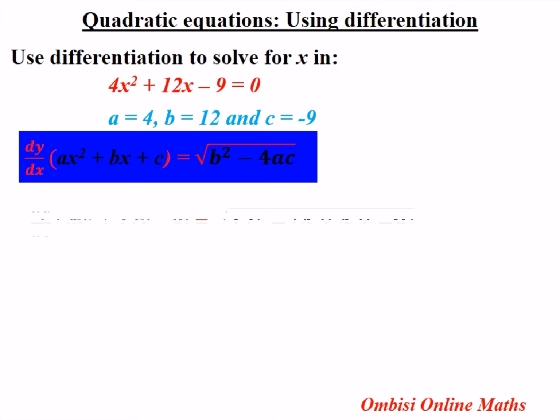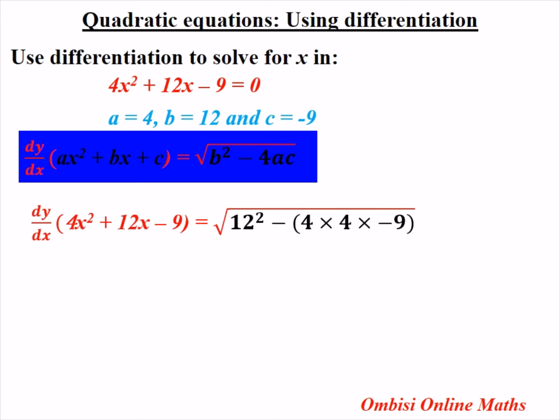If you equate it, it simplifies down to 8x plus 12 equals the square root of 288.